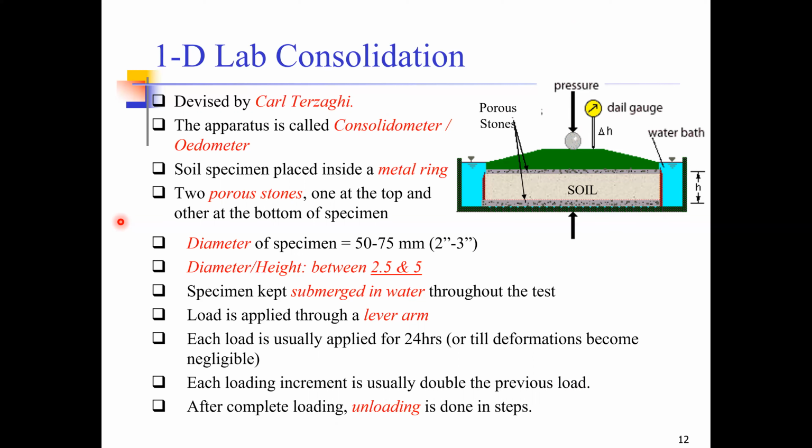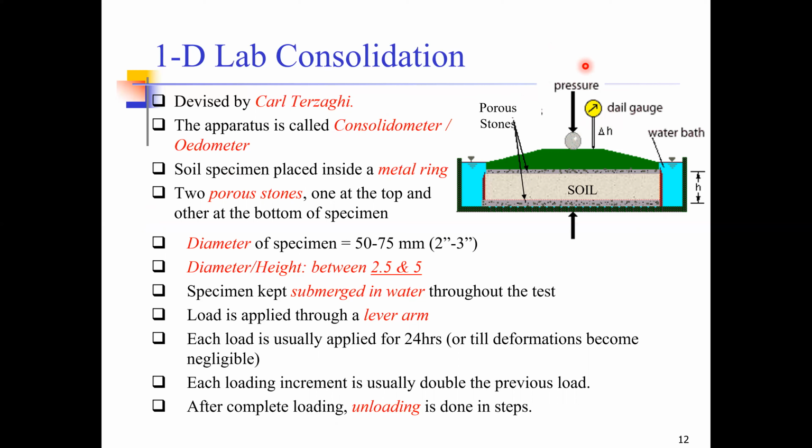So as I said, there are just three different readings that are taken in this experiment. One is the load, second is the dial gauge readings, and third is the time. By using these three readings, certain graphs are then made. So our next discussion would be regarding all those graphs.